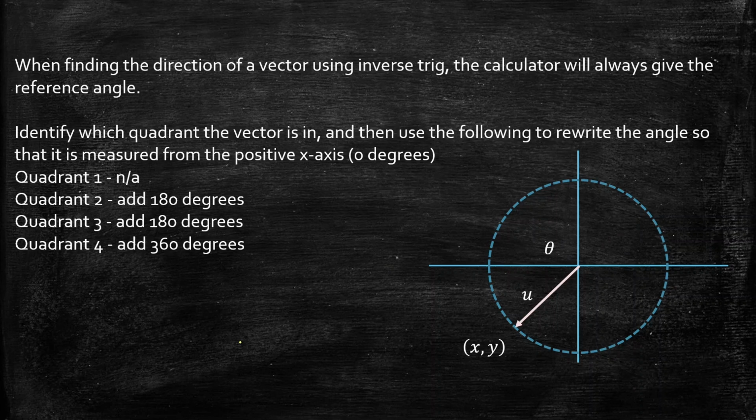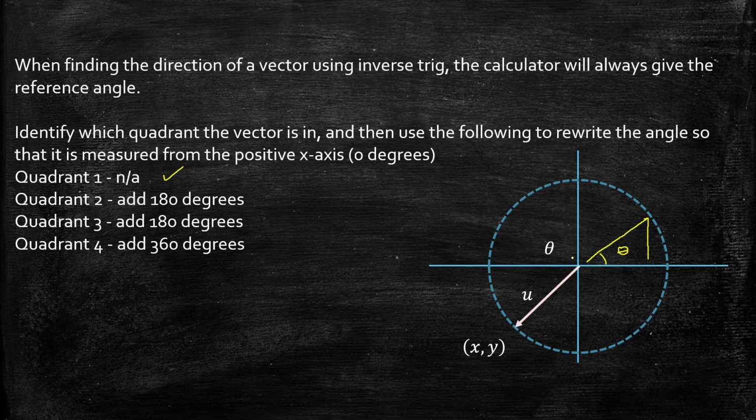When we find that angle theta, we're going to need to do some adjustments to it, because what we are going to find is the reference angle. So let's look at the different options. When I go into quadrant 1, my angle comes out here at theta. In quadrant 1, my reference angle theta is the angle theta, so I don't have to adjust it. There's nothing to change.